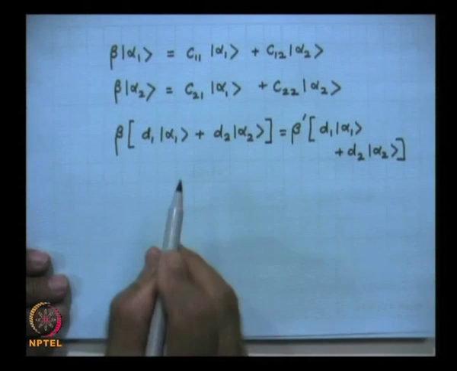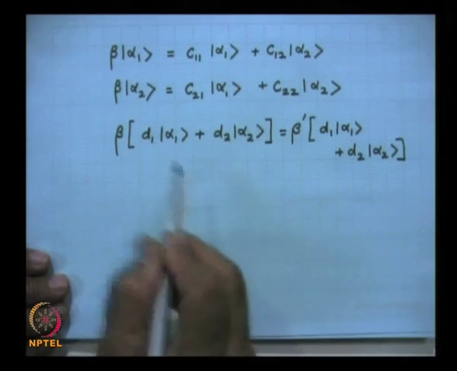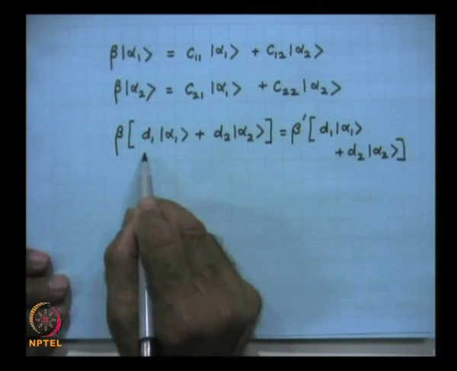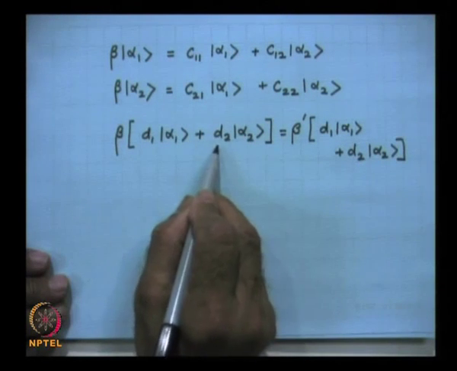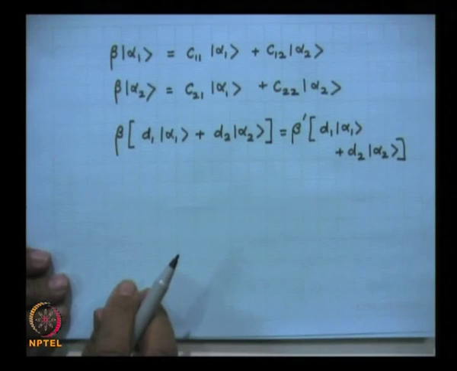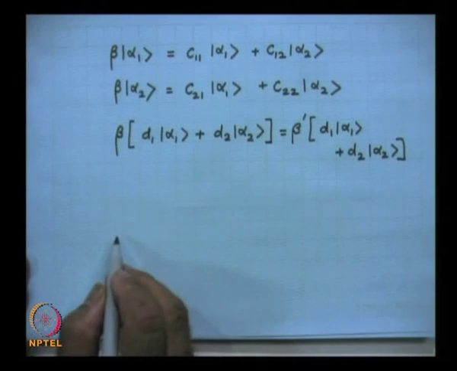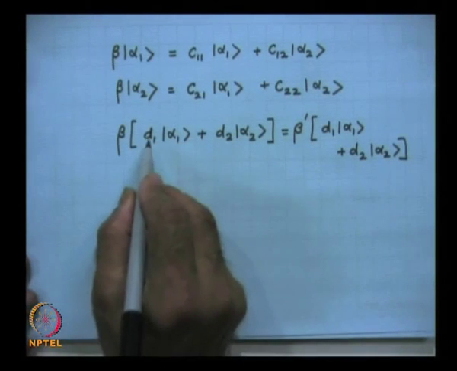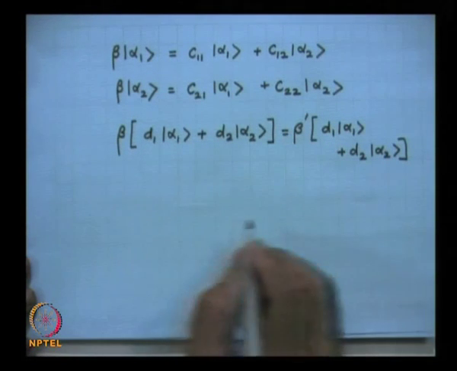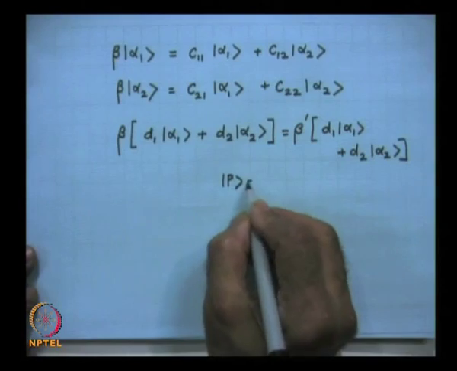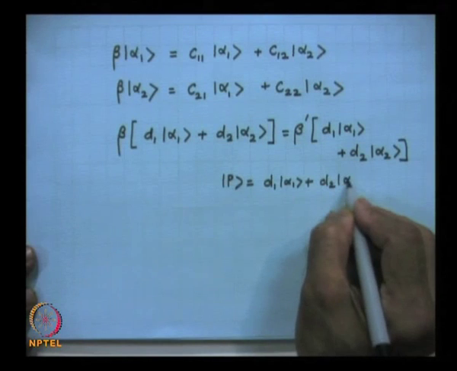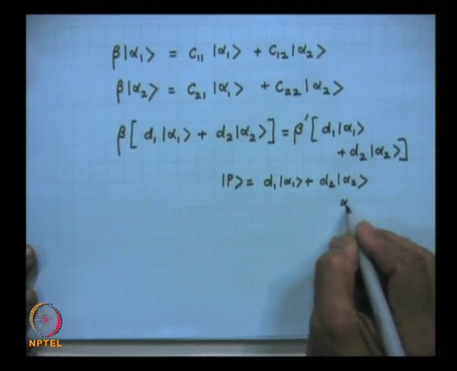We now look for that linear combination which is also an eigenket of the operator beta. So, let that linear combination D1 ket alpha 1 plus D2 ket alpha 2 be also an eigenket of the operator beta belonging to the eigenvalue beta prime. So, here D1, D2 are just numbers. So, we are assuming that ket P, which is D1 ket alpha 1 plus D2 ket alpha 2, is a simultaneous eigenket of alpha and beta.